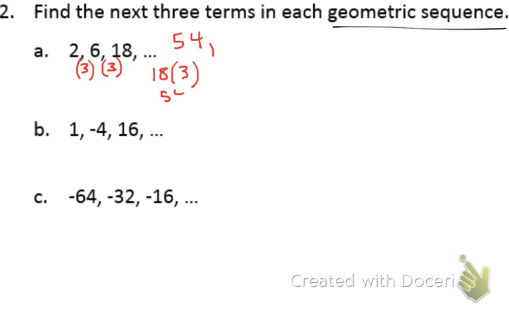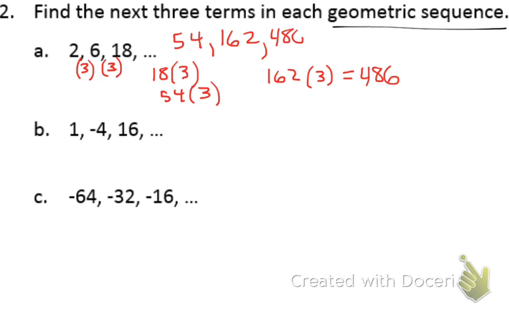Then do 54 times 3, and you get 162. And then 162 times 3, you get 486. So those are our next three terms.